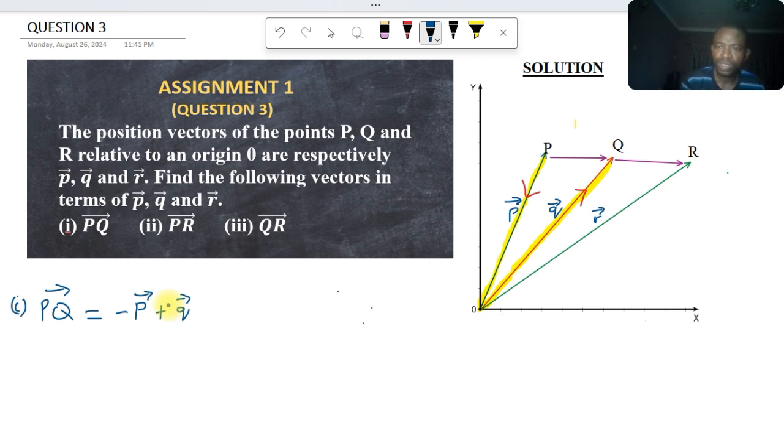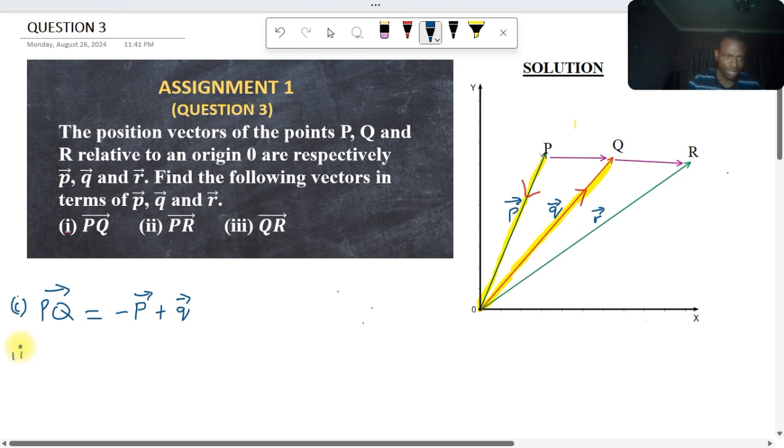Okay, so let's move to the next one. Number 2 says we should obtain PR. For PR, let's go back to the diagram.